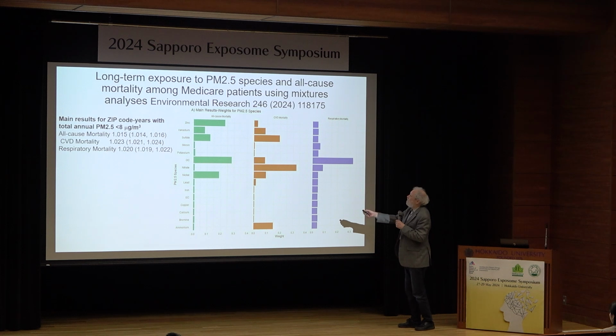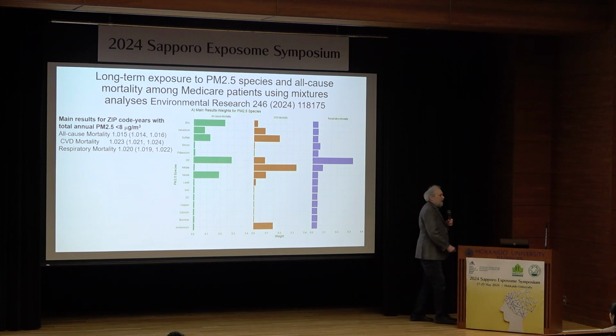What you get for all-cause mortality in the Medicare cohort was zinc, organic carbon, nickel, some sulfate, EC, copper, nowhere, right? And it differs if you look at CVD deaths and respiratory deaths.